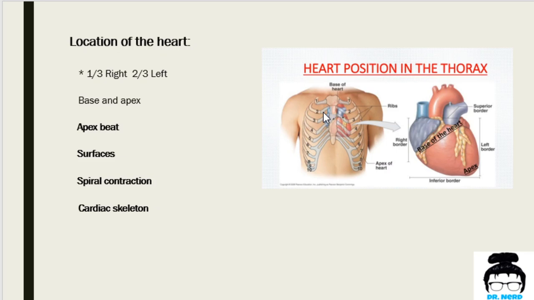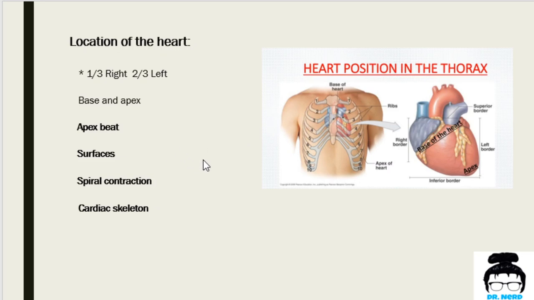But when clinicians talk about MI or ischemia, they will say something like left wall infarct or right wall infarct or anterior wall infarct or something like that. What they are talking about is the walls of the left ventricle, not the walls of the heart. So just keep that in mind so it doesn't create any confusion.